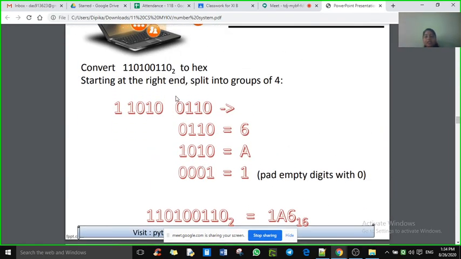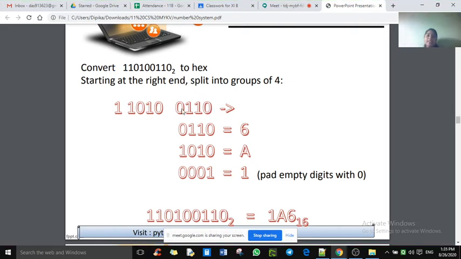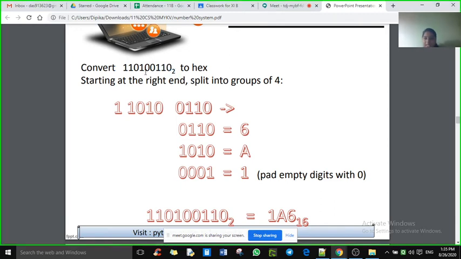Now consider this as a hexadecimal number and this as a binary number, and you want to convert it to hexadecimal. Remember that whenever you want to convert binary to hexadecimal, you split it as groups of 4. So split the last 4 as one group, and the remaining 4 as the other group.